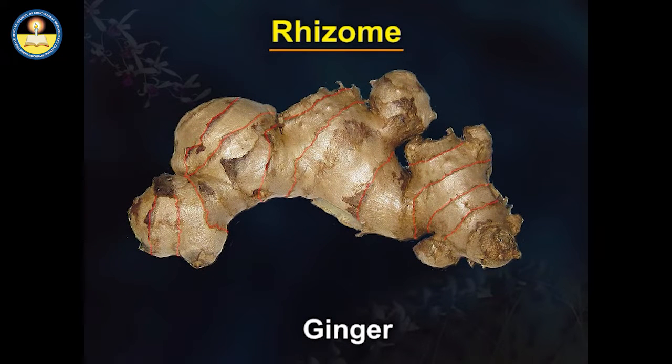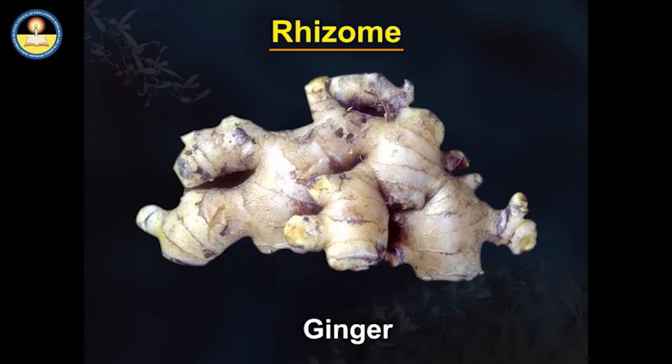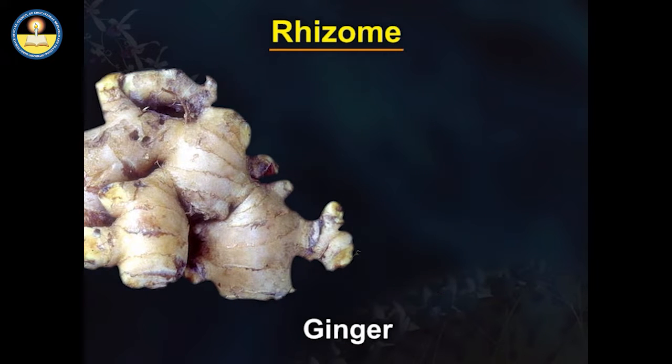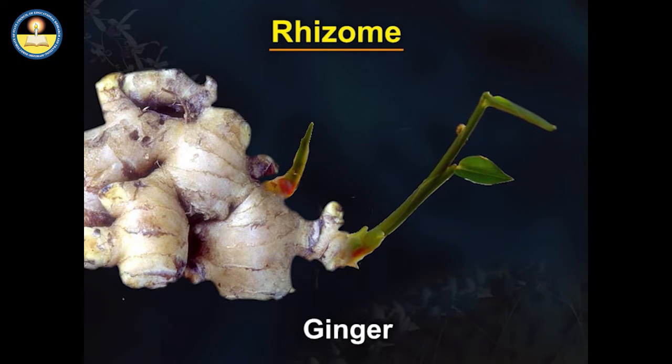Thin, dry, brownish, papery scale leaves are present on the nodes. Axillary buds are also present on the nodes. When the conditions are favorable, the buds grow into aerial shoots to form new plants.